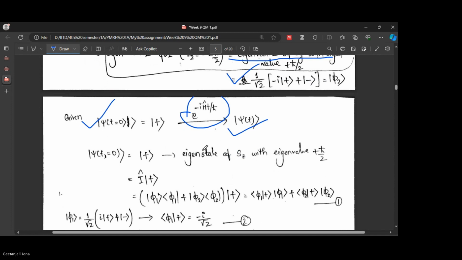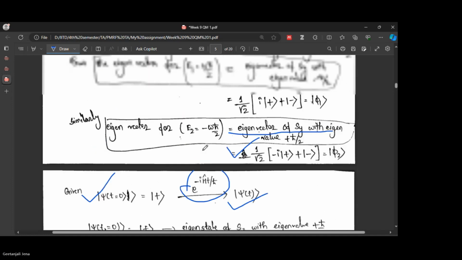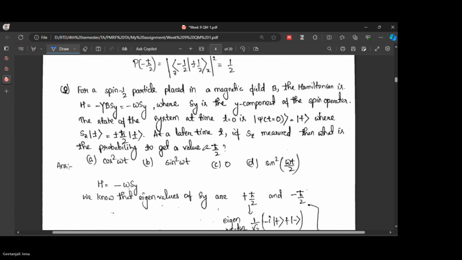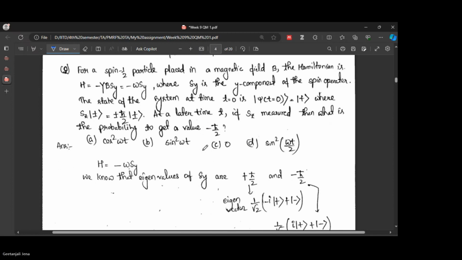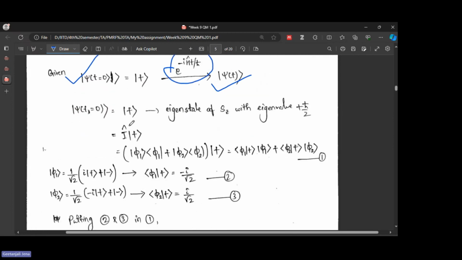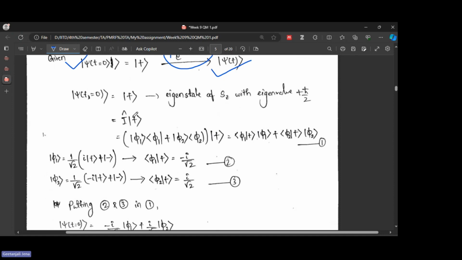Let me see the question once. It is in Sy with y component minus ħ/2. Okay, so you can add an identity operator to the plus state.